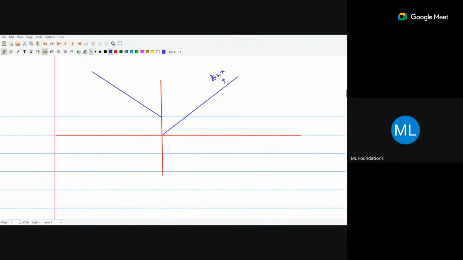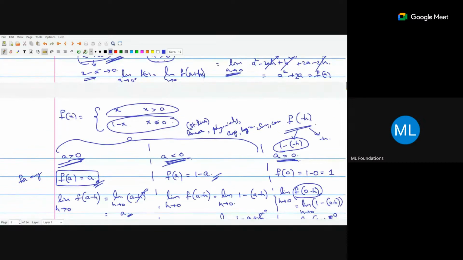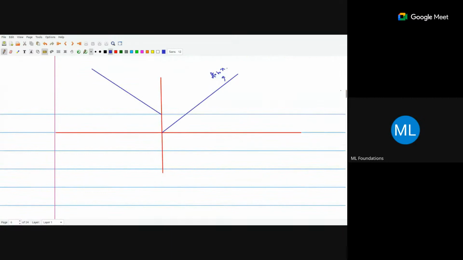At x equals 0, you can see 2 points, but which one is the value? You just have to see from the question itself. It says x is equal to 0 also. At x equals 0, it behaves like 1 minus x only, not as x. So for visual differentiation, we make this a darker point, just to emphasize that at x equals 0, it behaves like 1 minus x, not like x.